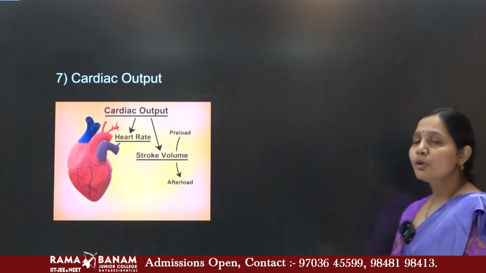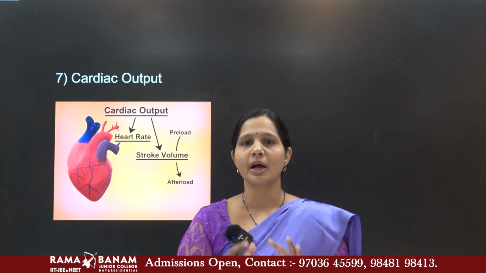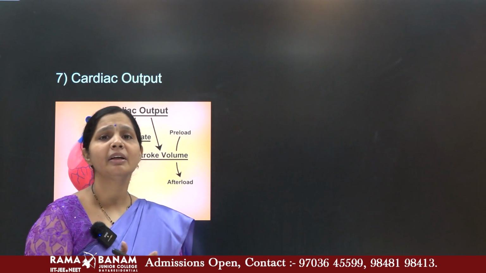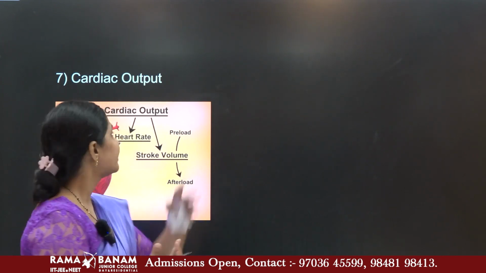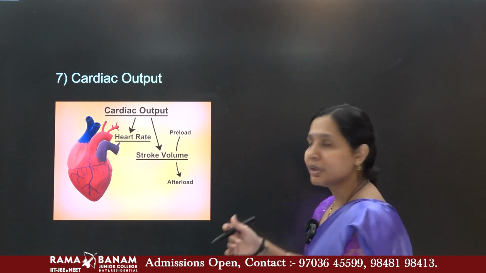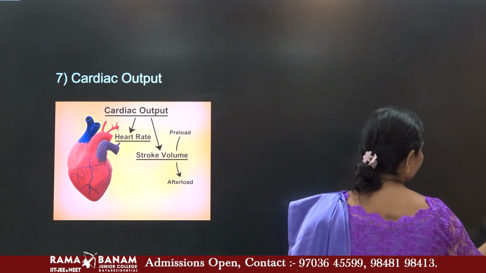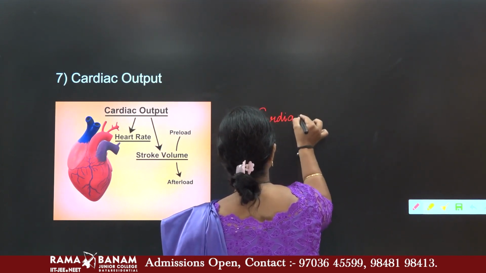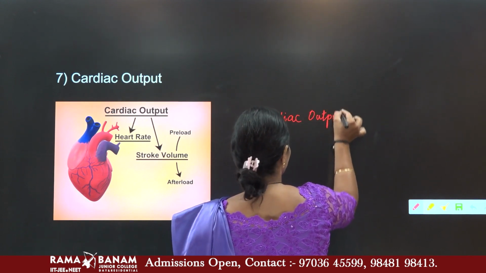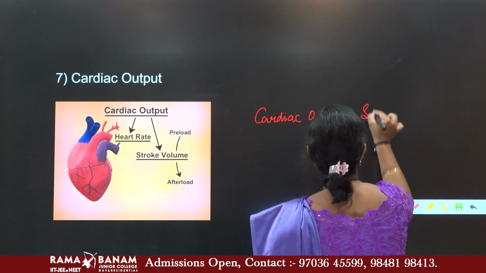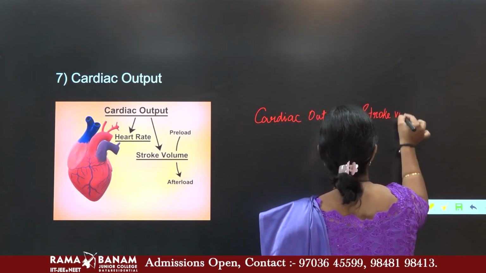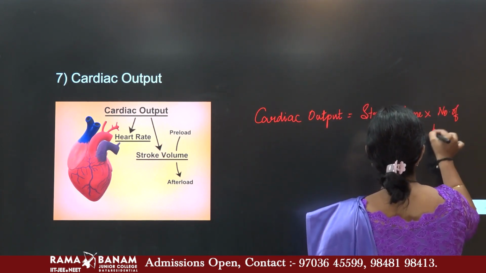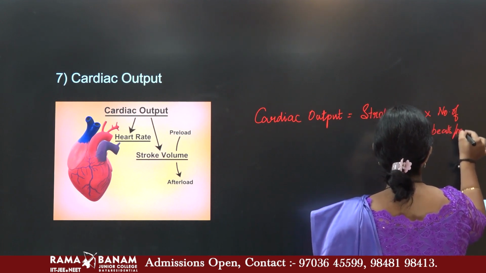Then cardiac output. Because the atria and ventricles are contracting and relaxing, what is the output? How much blood is pumped out by the ventricles? That is what we study in cardiac output. So, cardiac output is equal to stroke volume into number of beats per minute.